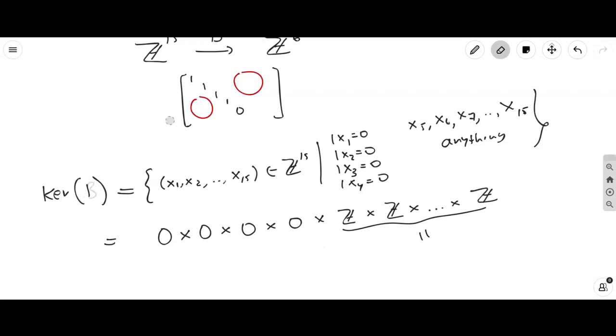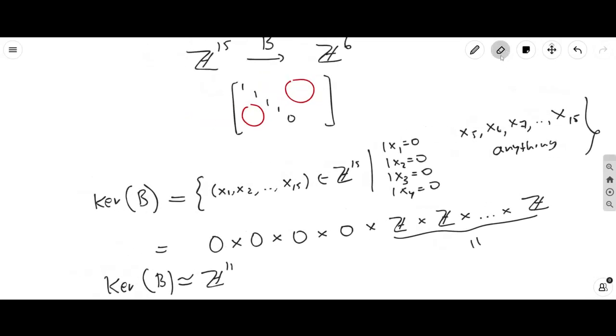So that right there would be the kernel of B. The kernel of B in this case is isomorphic to the group Z to the 11. In general, the kernel would be Z to a smaller dimension number, and that's what the kernel is isomorphic to.